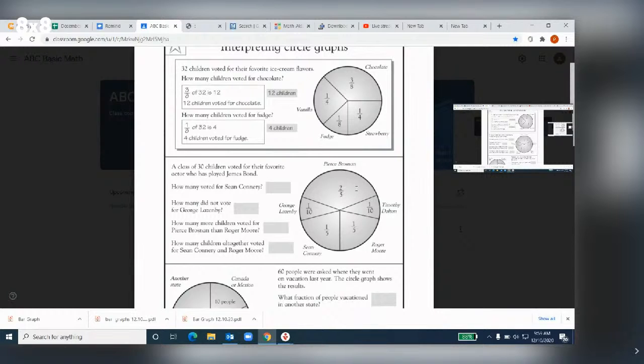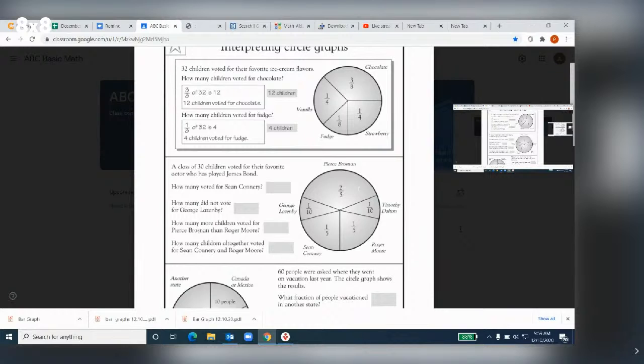What you'd have to do to figure this out is multiply all these fractions times 30, which is 30 over 1. For Pierce Brosnan, it'd be 2/5 times 30 over 1. Unfortunately, I can't show you, but you could cross multiply, and what you would get is 12 over 1.